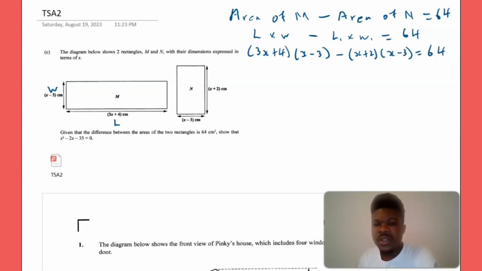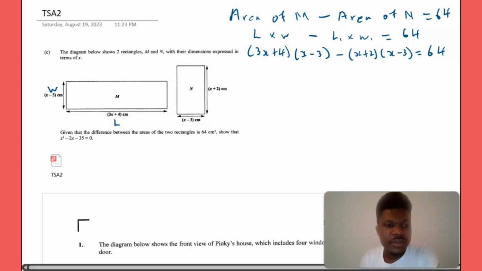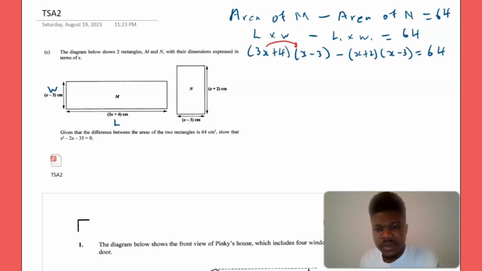So let's multiply using the distributive property, or we call it the FOIL method. We're going to multiply 3x by both of these, and afterwards, we're going to do 4 times both of these. So that's the method that we're going to be using.